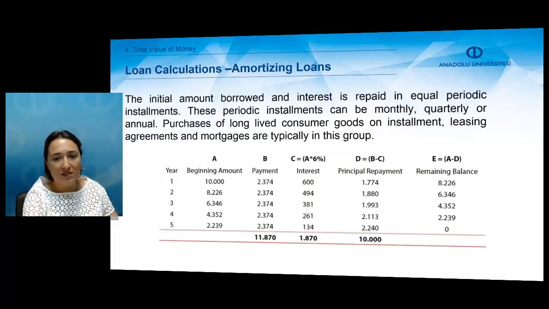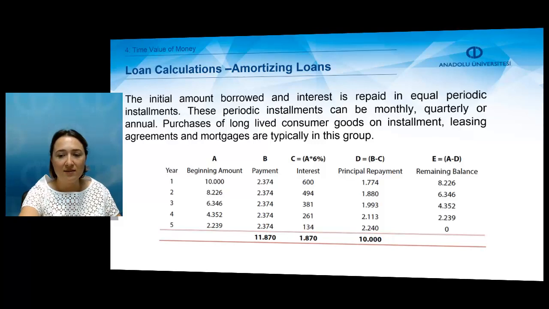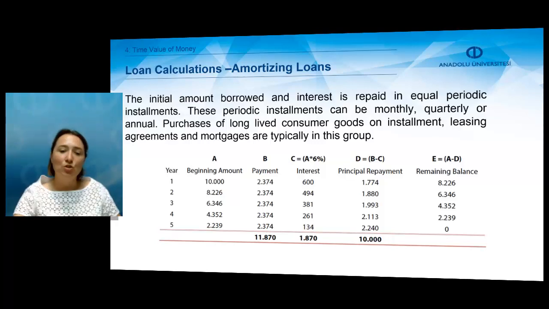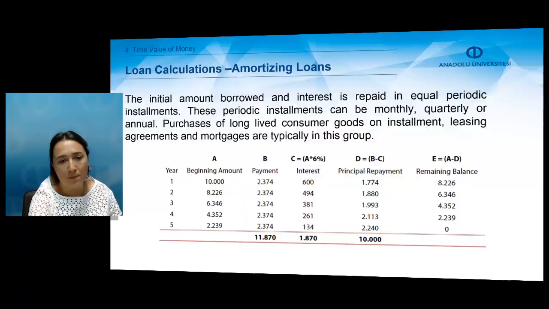And for amortizing loans, we have tables that we call amortization tables. So we see the periodic installments, interest payment, principal repayment and remaining balance. We can show the calculations and payment structure in an Excel sheet or in any table that we make.